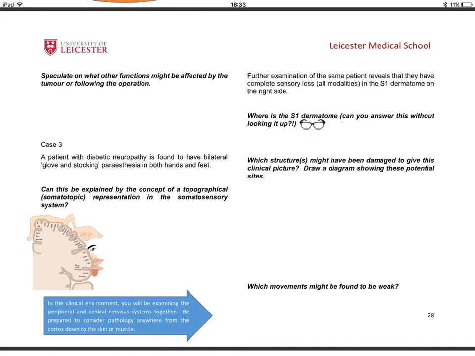Our glove and stocking distribution, we'll just draw it on a little stick man here. There's our stick man, and these are the regions where we've got the sensory change. What helps us to explain this distribution in diabetic neuropathy is the fact that as one gets towards the distal extremities, the blood supply tends to be worse.